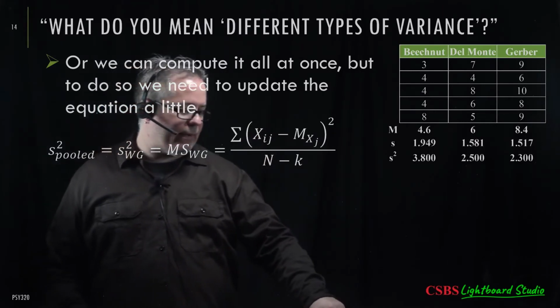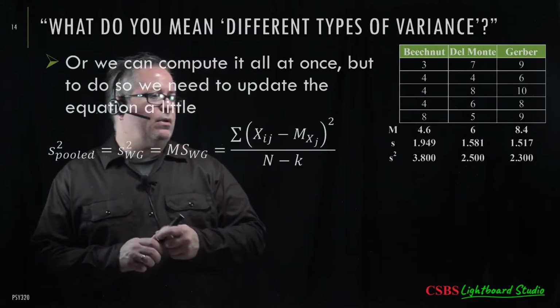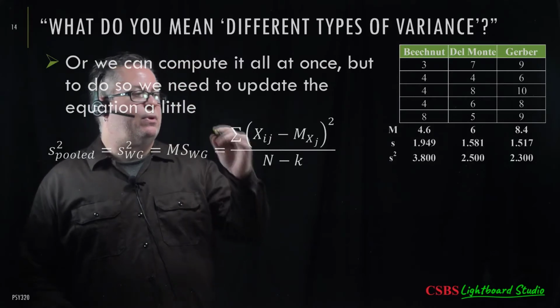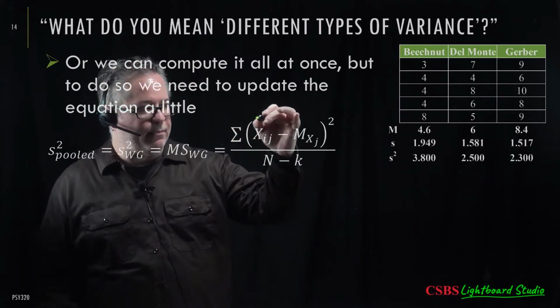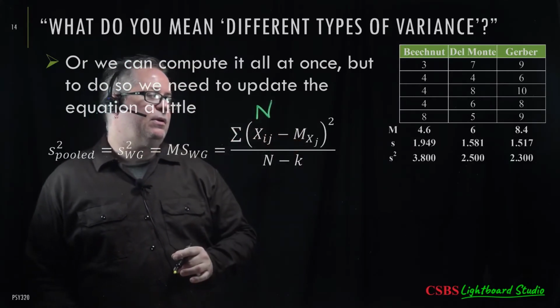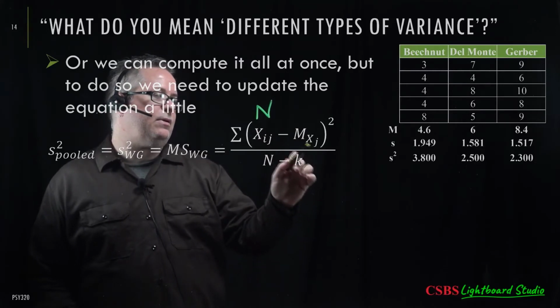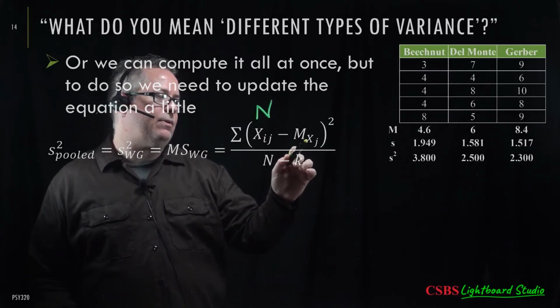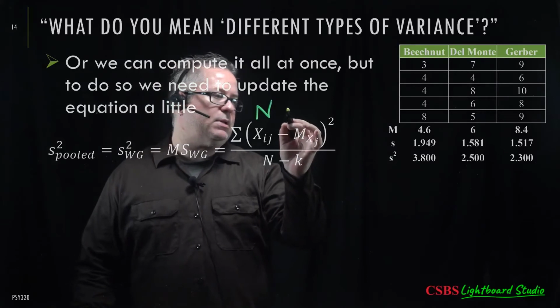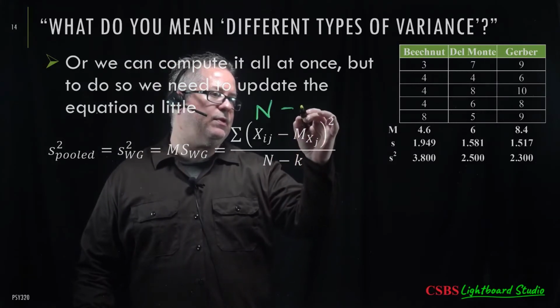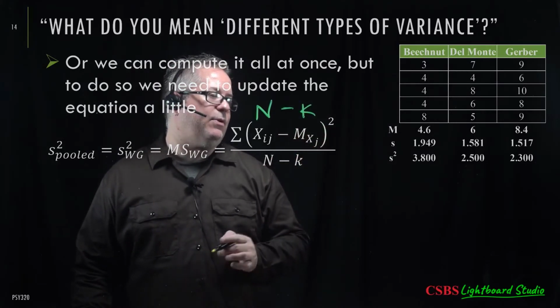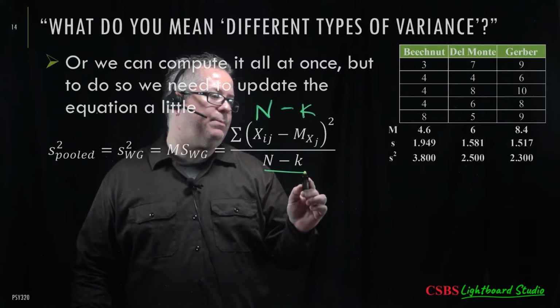Well, n1 plus n2 plus n3. I have big N of these. How many of these means do I have? I have 1 for each group, so generically it's k. I have k of those, which is why that's the degrees of freedom on the bottom.